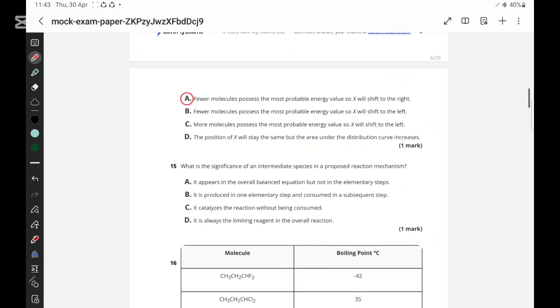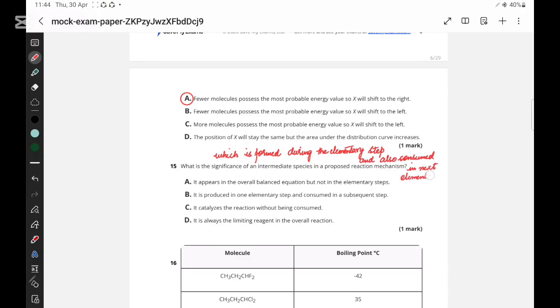What is the significance of an intermediate species in a proposed reaction mechanism? So, what is an intermediate species here? The one which is formed during one elementary step, and also consumed in the next elementary step.